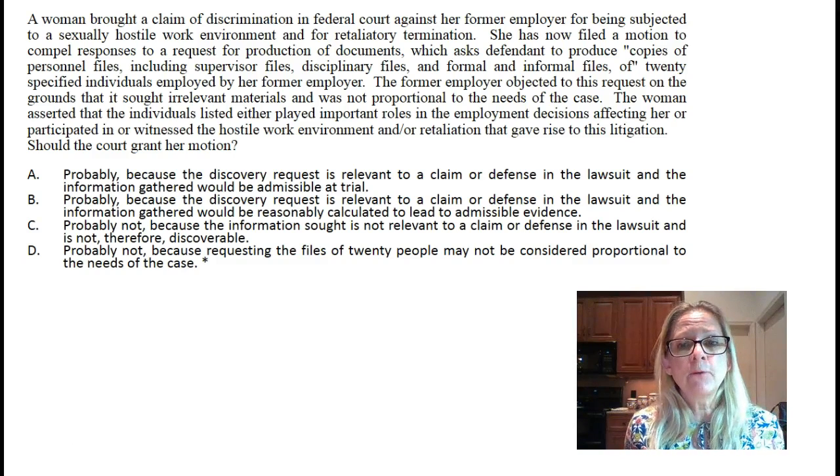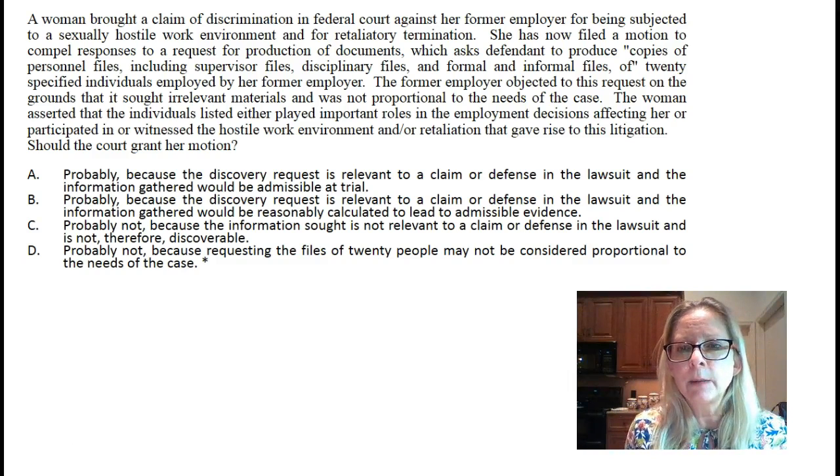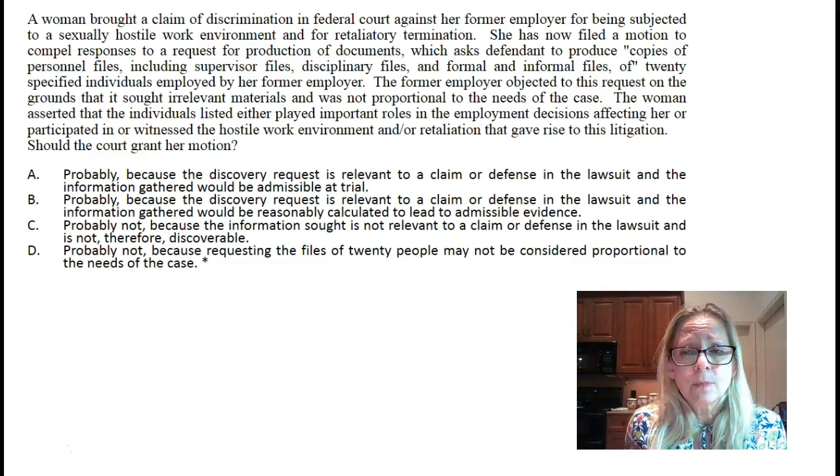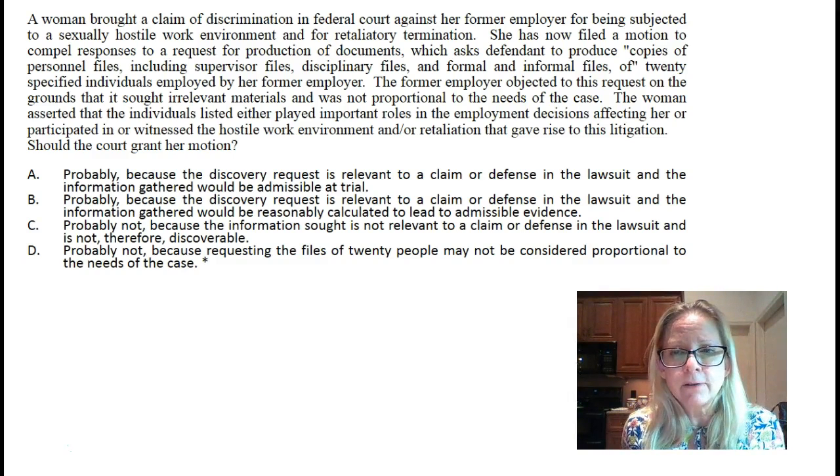B is wrong for somewhat of the same reason. Says probably because the discovery request is relevant to a claim or defense in the lawsuit and the information gathered would be reasonably calculated to lead to admissible evidence. Now, those of you who have never seen Rule 26B1 before don't understand the significance of those words in that answer.